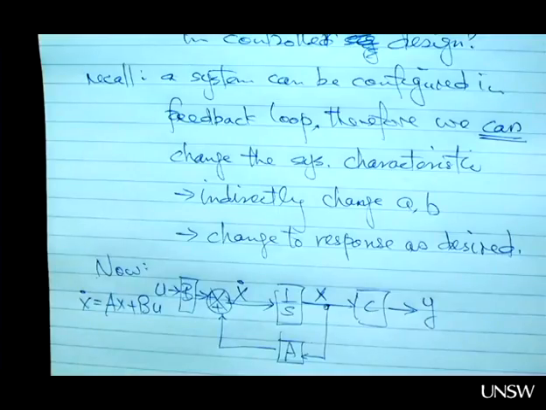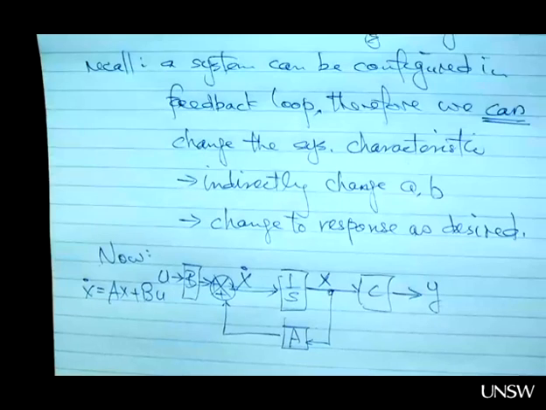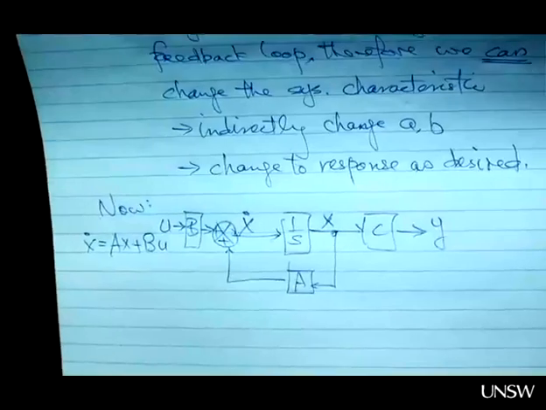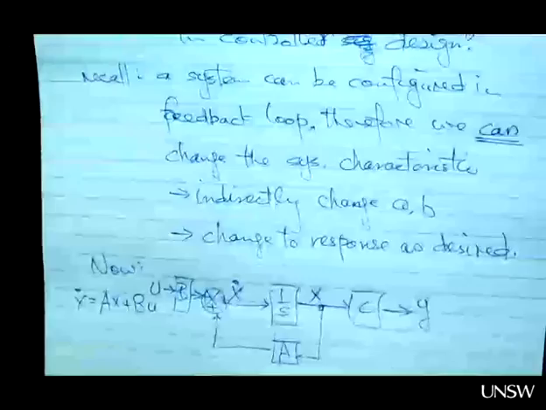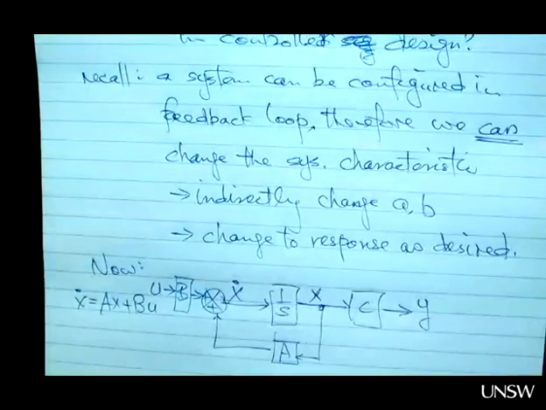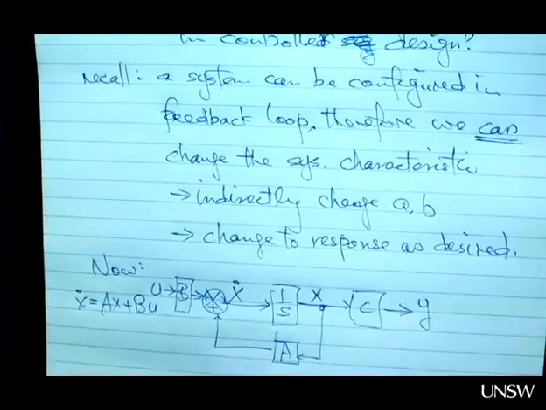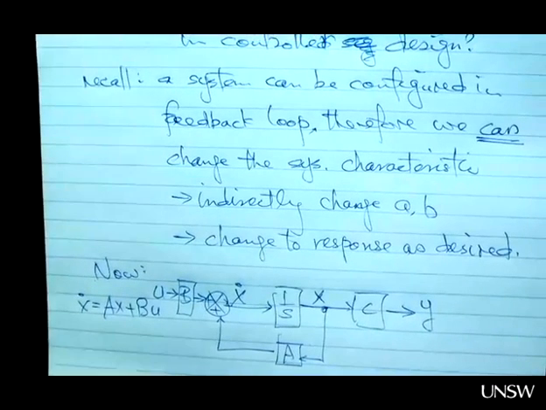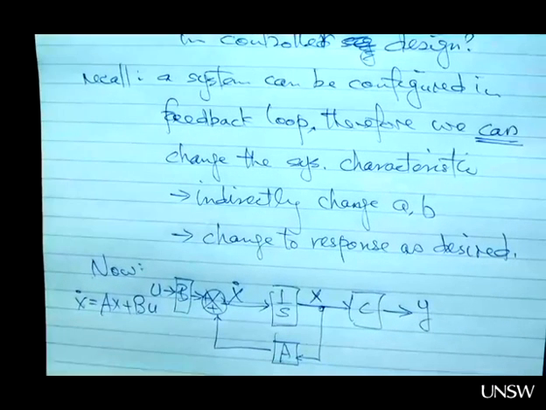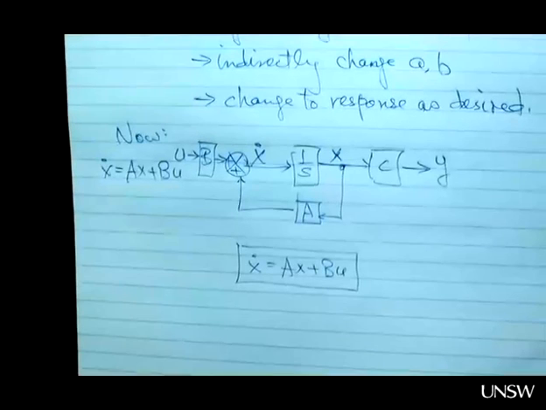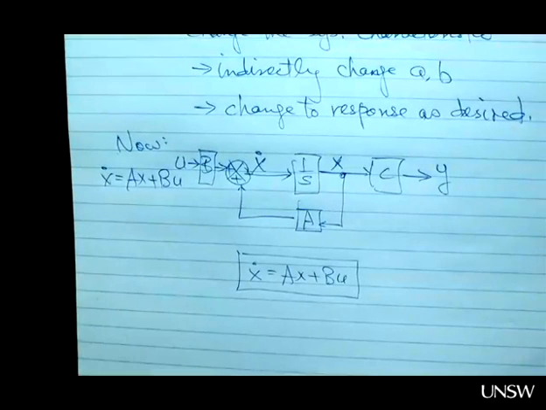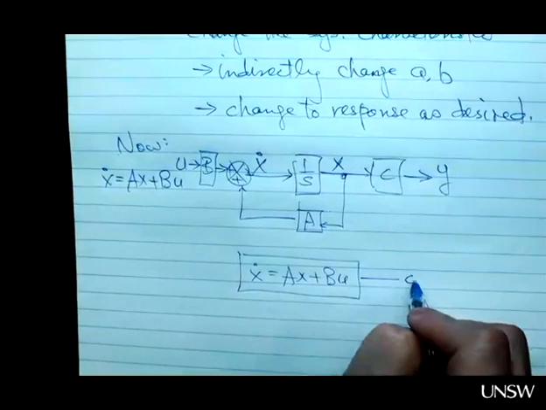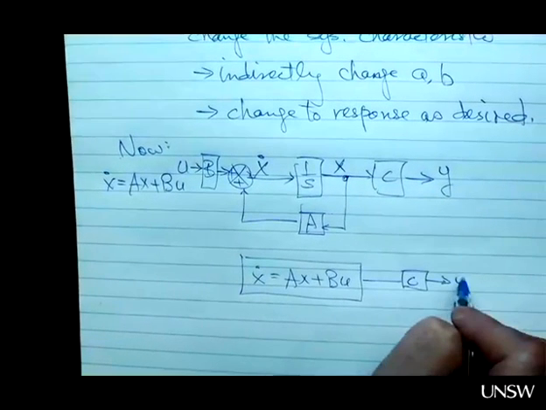And then you can also put it into another form, which is the same form. We have this system. And then we have the C, and then we have the Y, and then this is the X. And then we can do it this way.